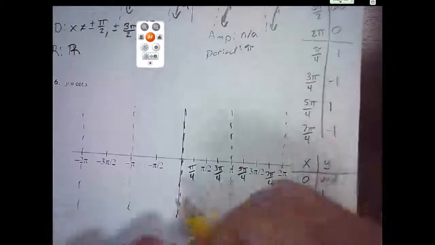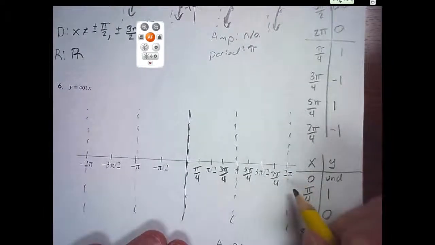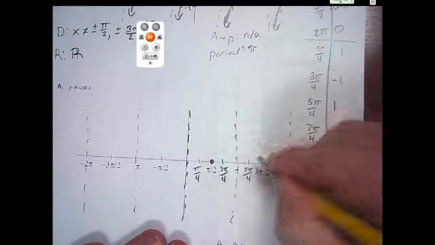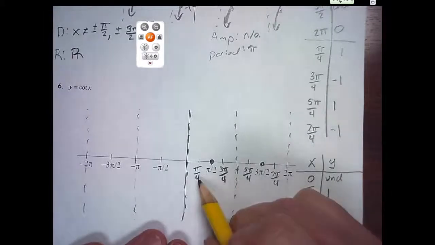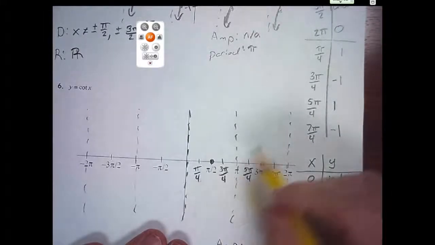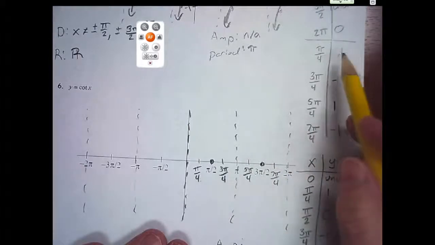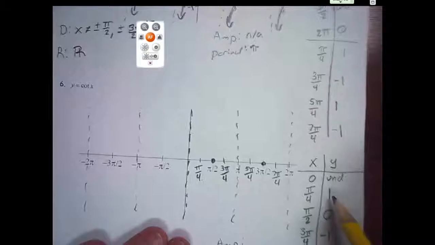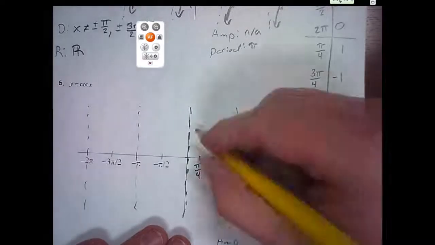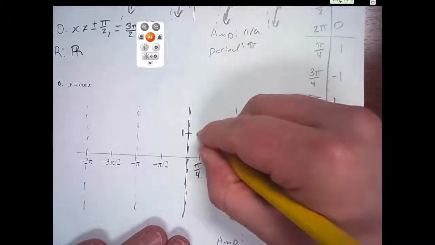Okay? Now I'm only focusing on the positive side, really, okay? Just letting everyone know that. Okay, I know I have a point right there. Okay, at pi over 4, I'm at positive 1. Positive 1, sorry. Okay? So that means I need a 1 here, point here.